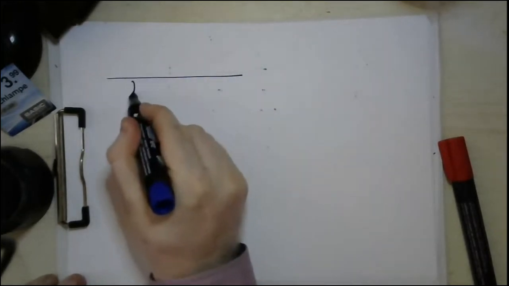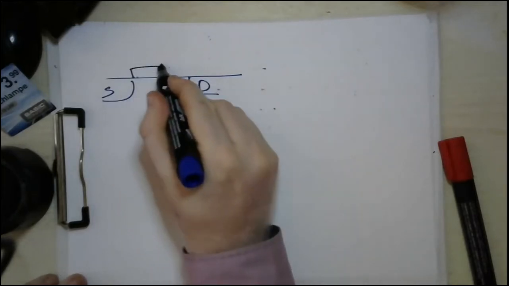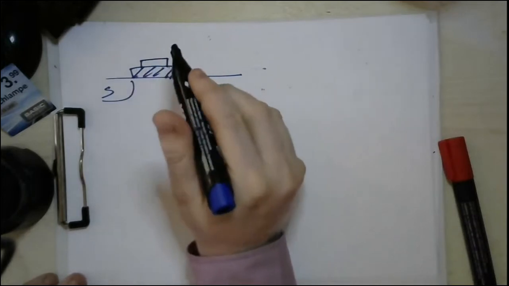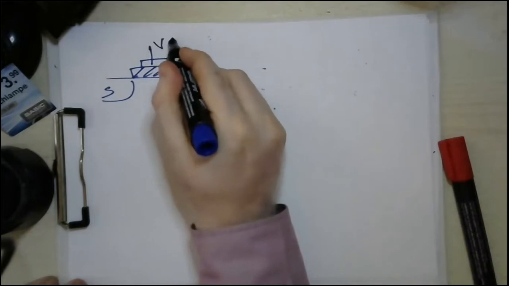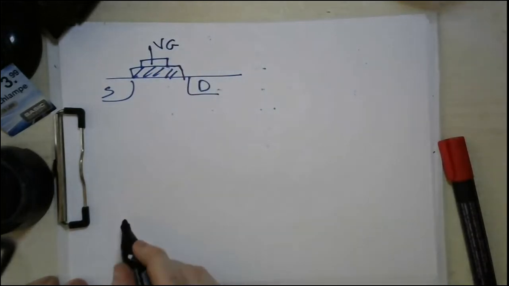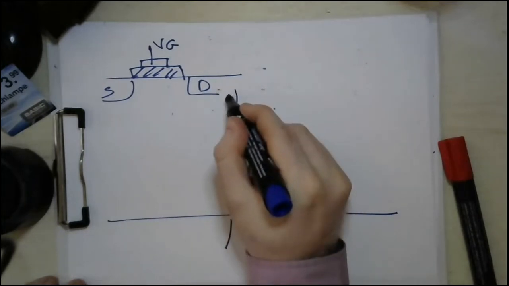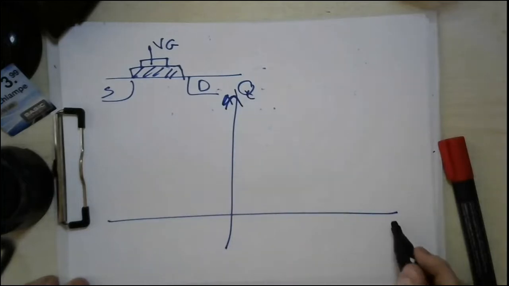Let's plot again the source, the drain, and here is the oxide, and here is the gate voltage. And let's plot a graph representing the charge Q versus the VGS.